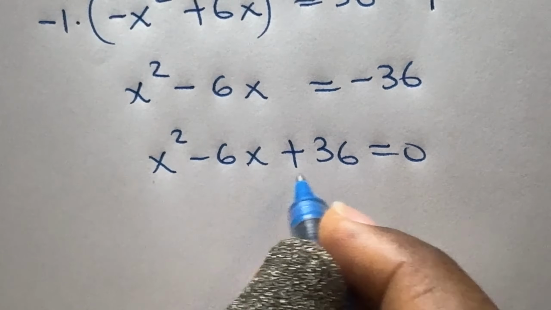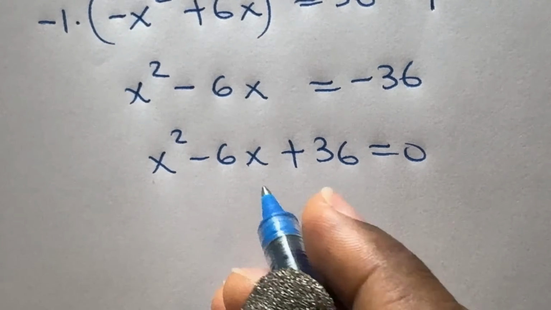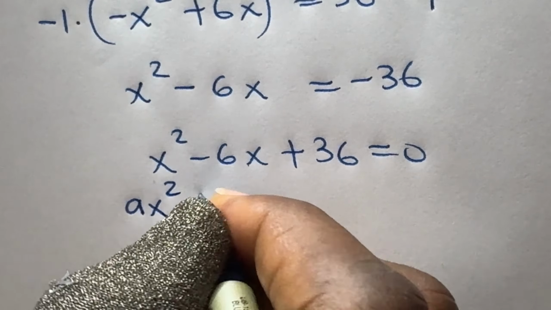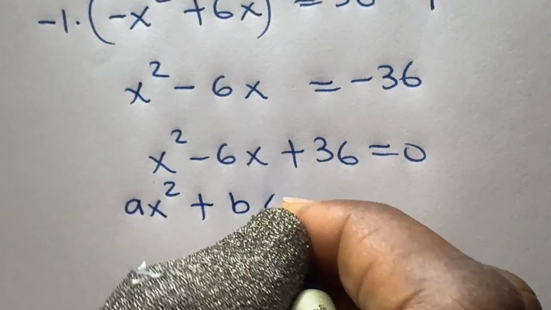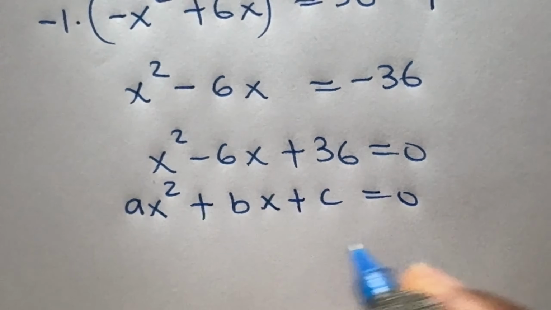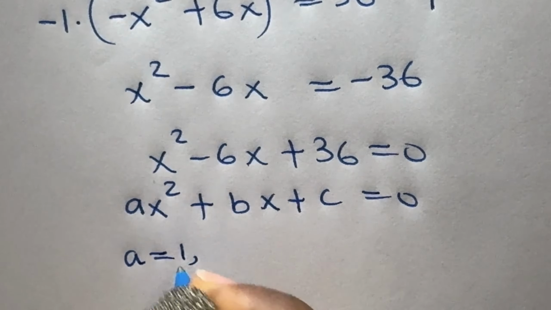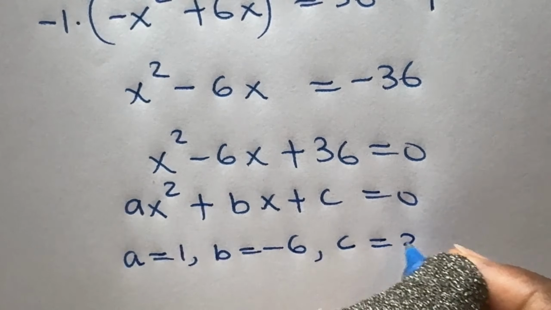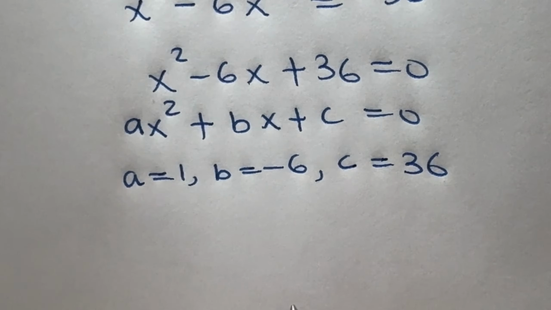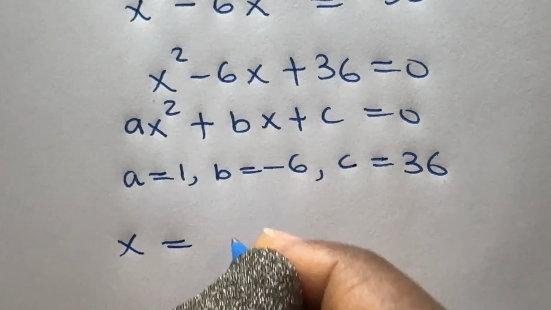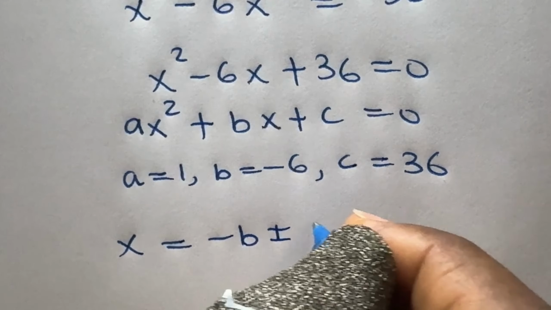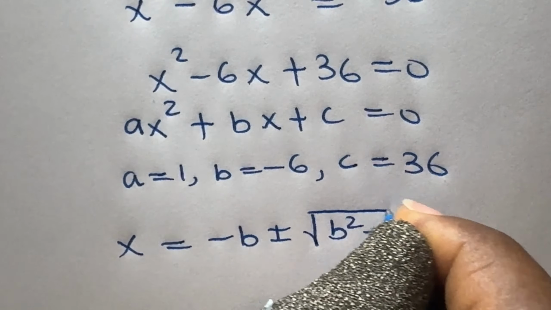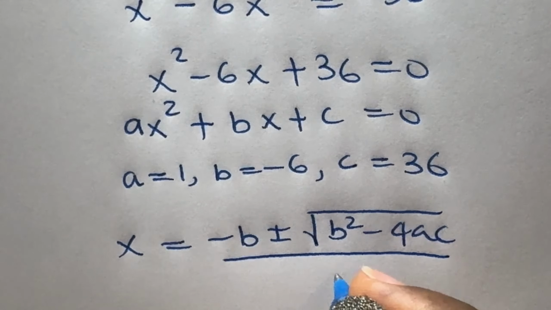We'll solve this quadratic equation using the general quadratic formula. Comparing this equation with this quadratic equation means that a is 1, b is -6, and c is 36. And the formula we're going to be using is minus b plus or minus the square root of b squared minus 4ac, divided by 2a.